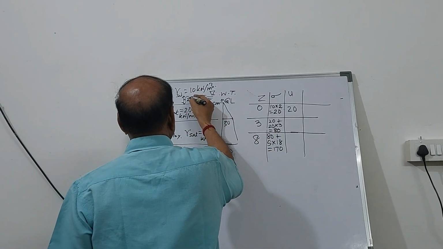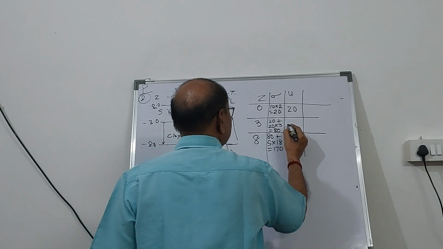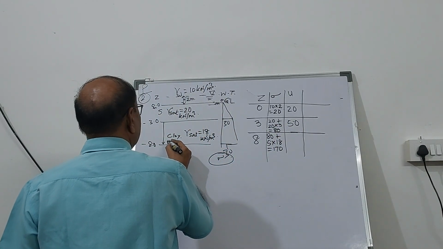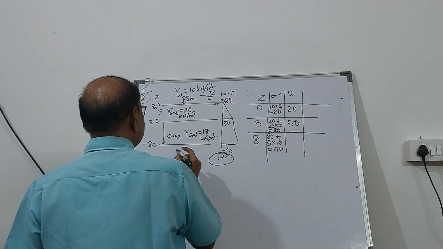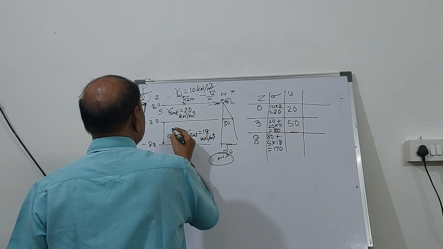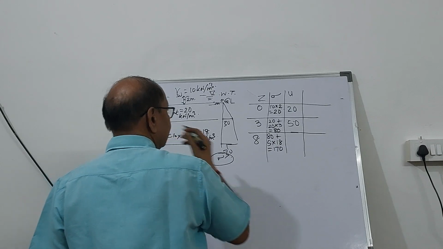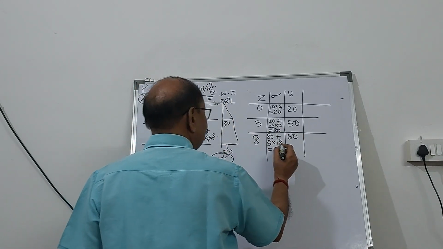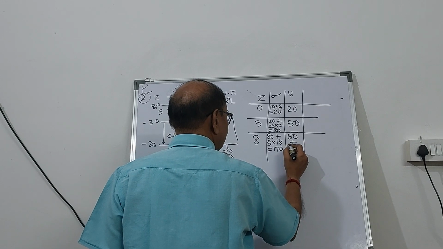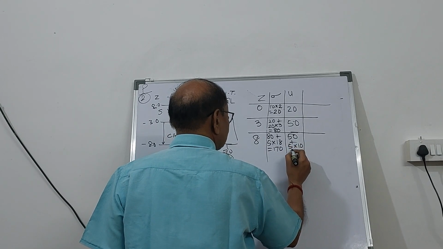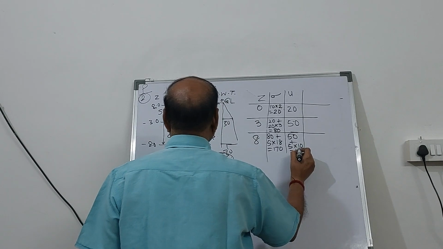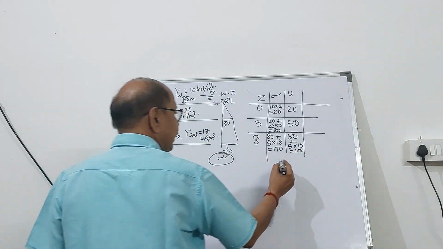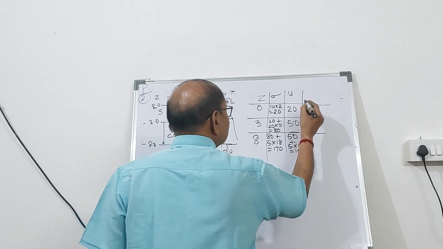So the column of water is 2 plus 3, 5 into 10, so it becomes 50. And here at 8 meter, it is going to be 50 already up to this level, plus the remaining 5 meter, so it becomes 100. So 8 plus 2, 10 into 10.